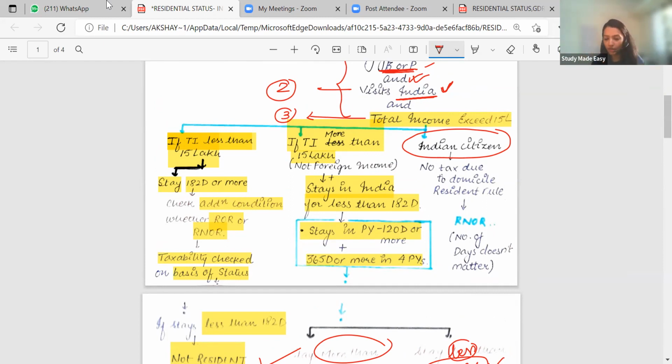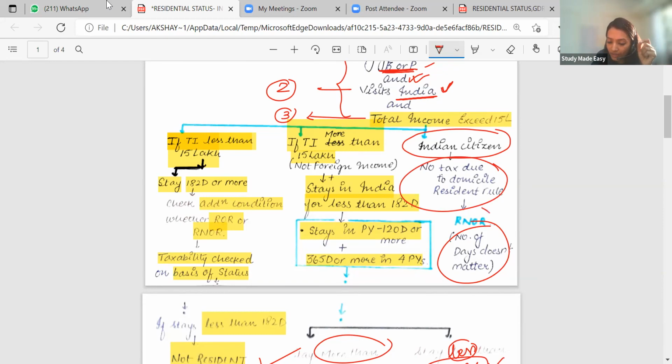That means he is not at all paying taxes. So in that case, don't see the number of days. Again, don't look for the number of days. Why? Because he is an Indian citizen, staying outside India, in business or profession outside India and not paying taxes anywhere. So in that case, it is the deemed rule.